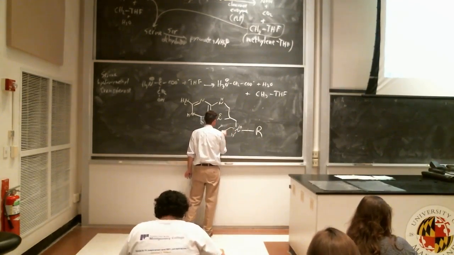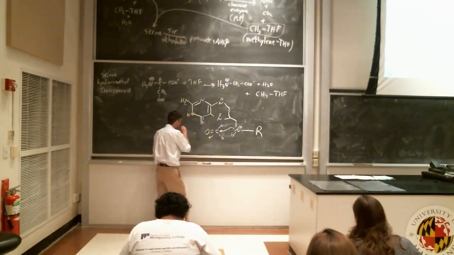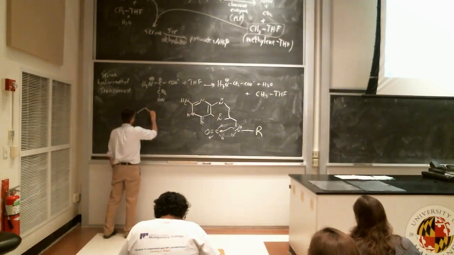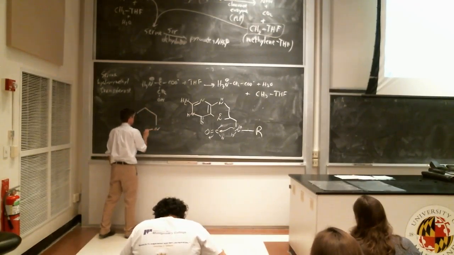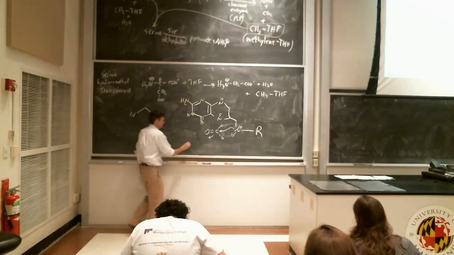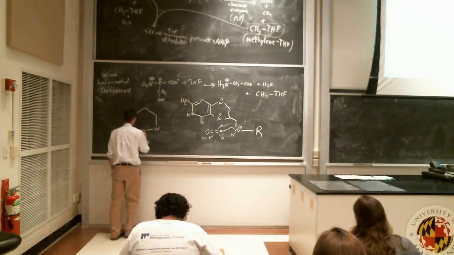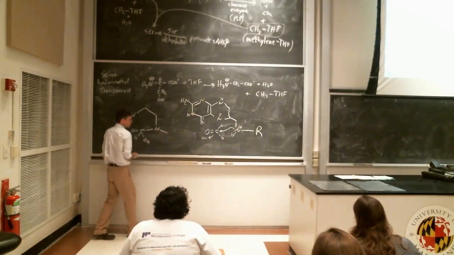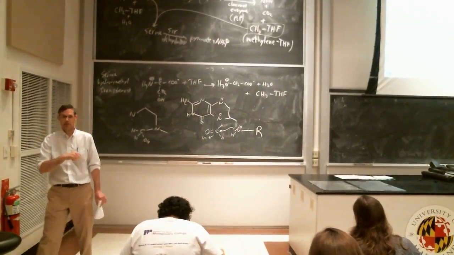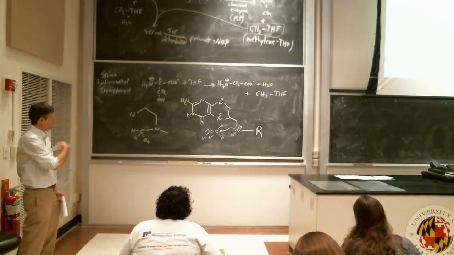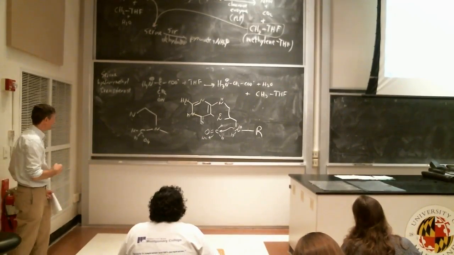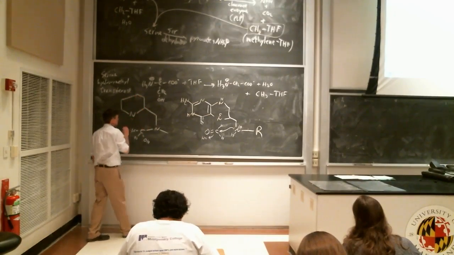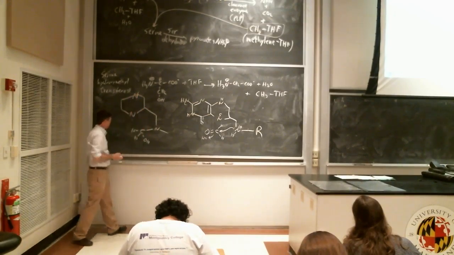one or the other of these nitrogens can attack the formaldehyde as a nucleophile, and we could get an adduct that would look like this. So this is the kind of thing that forms when an amine attacks a carbonyl group, and it's on the way to forming a Schiff base.